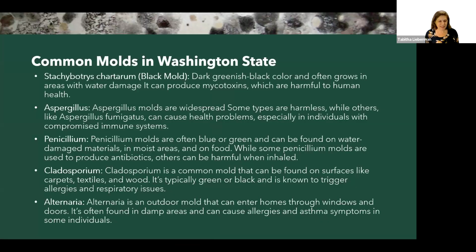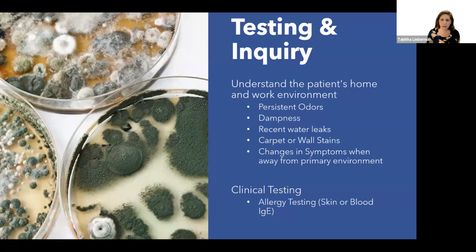Again, I'm not giving a quiz on this, but it is important to understand that there are varying different types of mold. Black mold is the one we talk about most frequently. A lot of them are caused by similar factors, not all, but things such as water damage can be a big factor, and that's why the home environment review is so important.